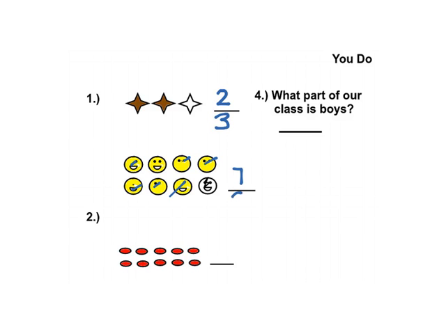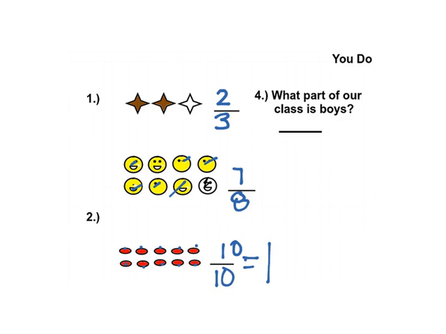How many are there total? 8. How about this last one right here, this set of ovals? Question is, how many are shaded? 1, 2, 3, 4, 5, 6, 7, 8, 9, 10 are shaded. How many are in the entire set? 10, which means 10 over 10 means I have them all. I have the whole thing.